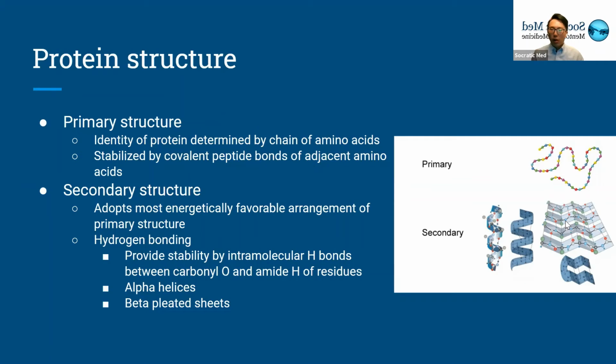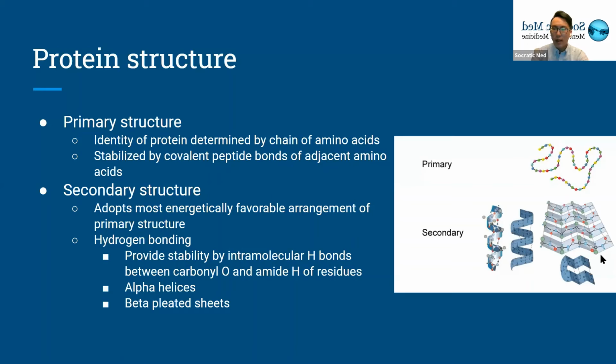These are formed because of the stability provided by the hydrogen bonds. The carbonyl oxygens and the amide hydrogens of the different amino acid residues hydrogen bond in order to form these specific secondary structures. The primary structure is just a chain, but that's not very energetically favorable.